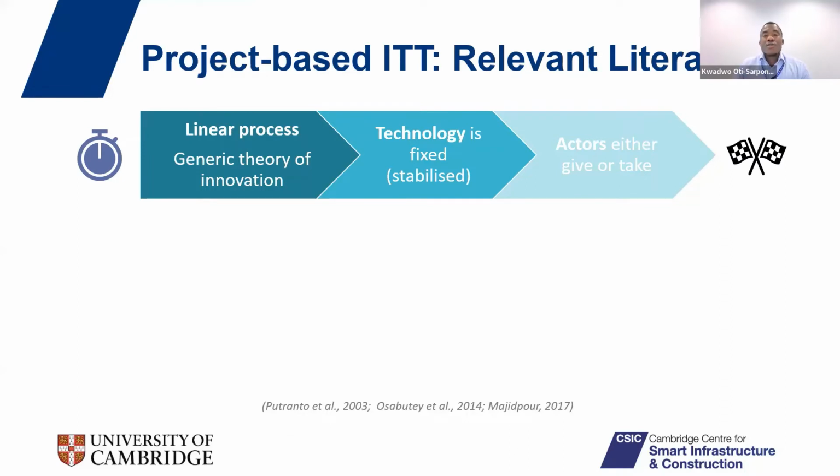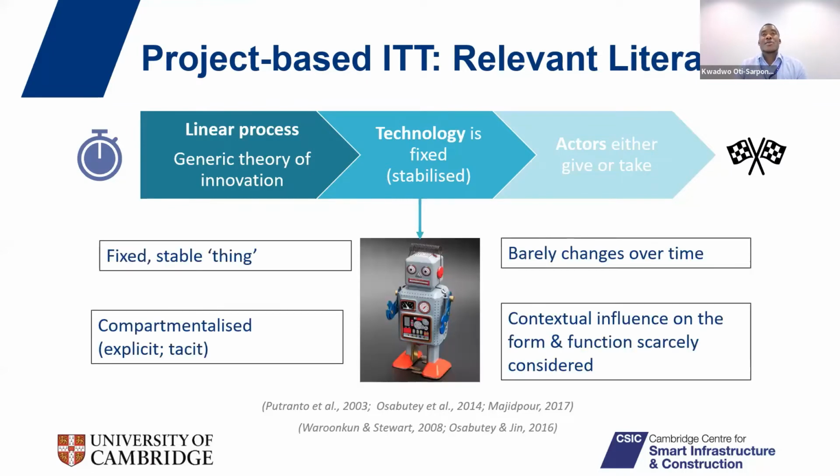Alongside this view, technology is often viewed as stabilized and fixed, and the actors are often categorized as recipients or takers. Further to that, most of the conceptualization is that technology is a fixed and stable, identifiable object. Often technology is compartmentalized into explicit technology, the tangible bit, and the intangible bit that has to do with human skills, expertise, and understanding.